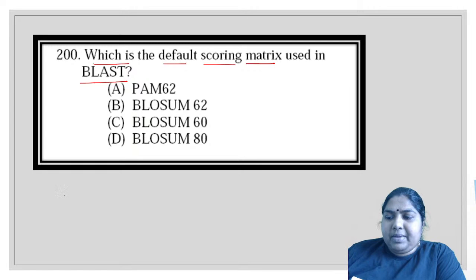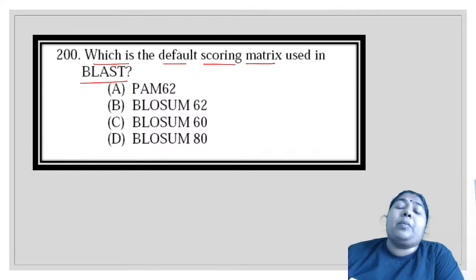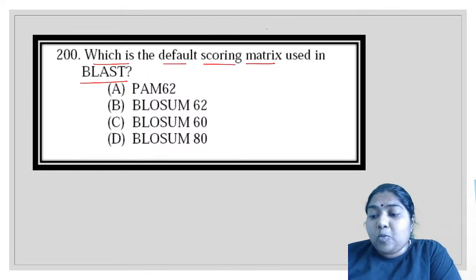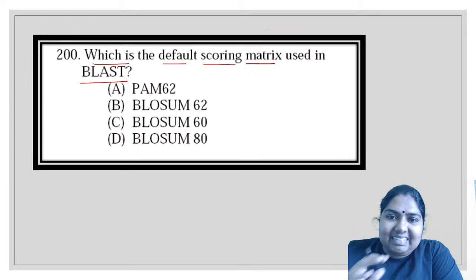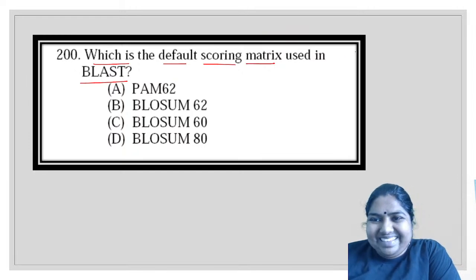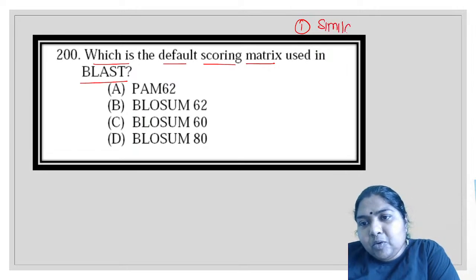If you have studied your bioinformatics in your UG or PG or are exclusively preparing for DBT, the first point you need to understand is a few golden topics. Among them, the one topmost topic which has come up repeatedly is similarity.